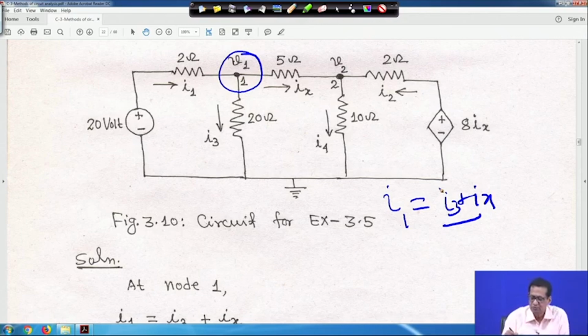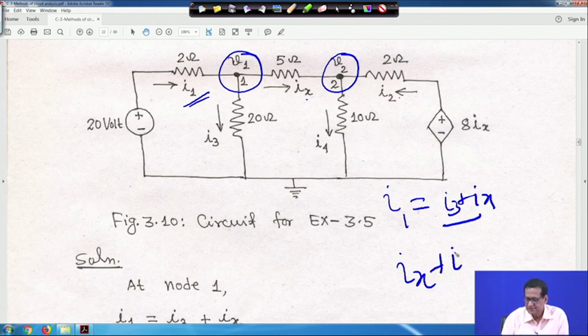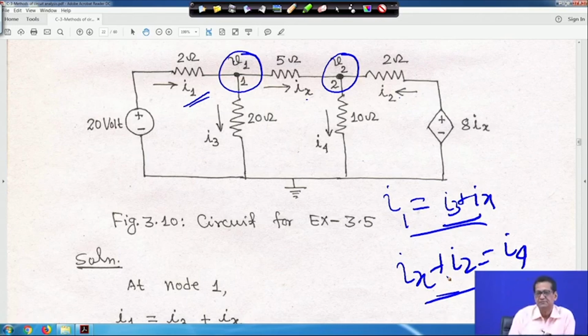And similarly, at node 2, if you apply KCL, this current is incoming and these two are outgoing. At node 2, I2 and Ix are entering the node, and I4 is leaving. So, Ix plus I2 is equal to I4. These two equations you have to write. After that, you put them in terms of V1 and V2, as has been explained.